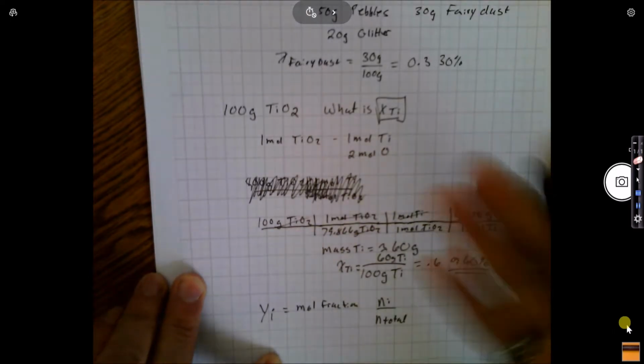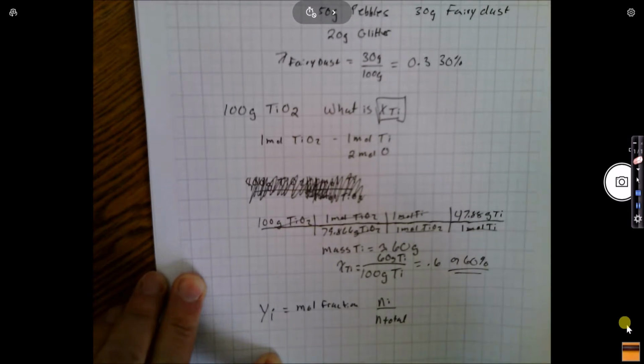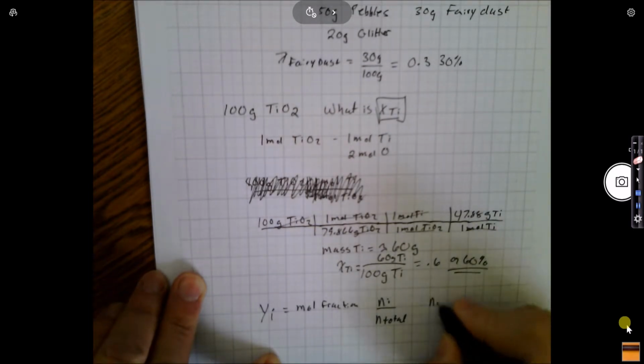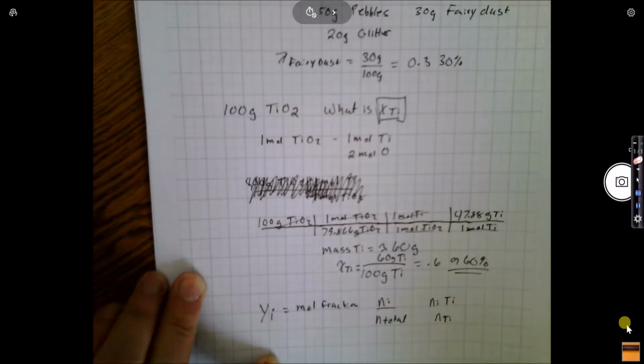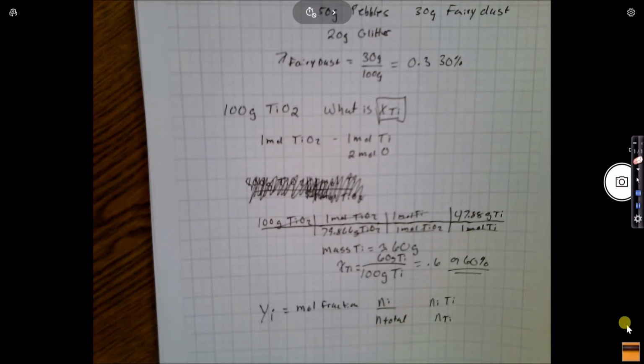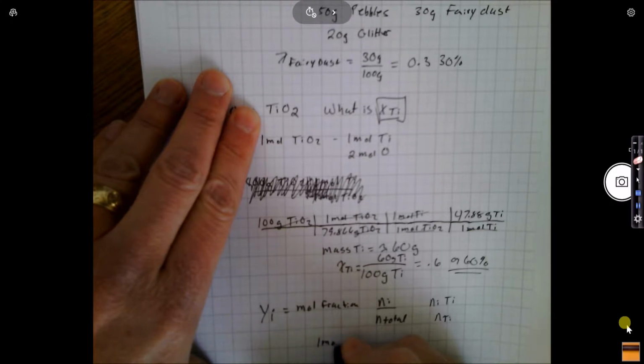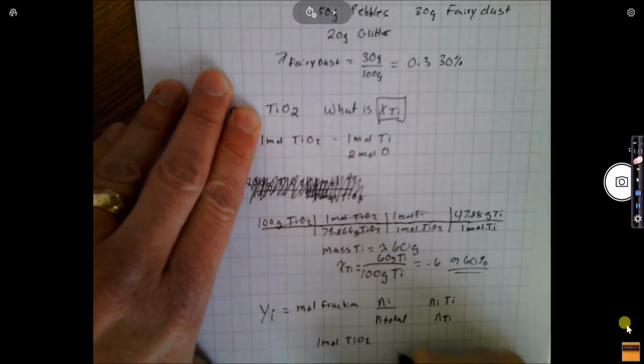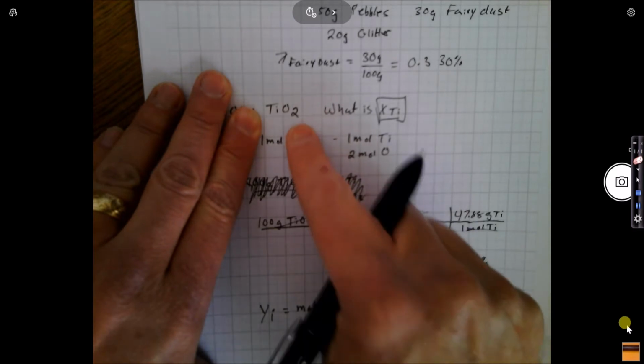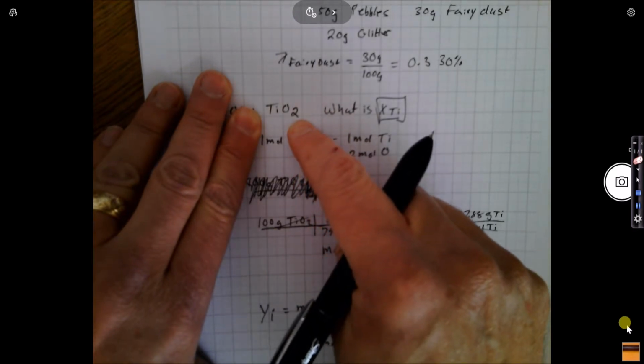So if we want to go back to what I verbally said, we want to know the mole fraction of titanium, or more precisely, N Ti in our titanium dioxide. The amount of grams is kind of irrelevant at this point. So we know if we say we have 1 mole, that is 2 moles of oxygen and 1 mole of titanium.